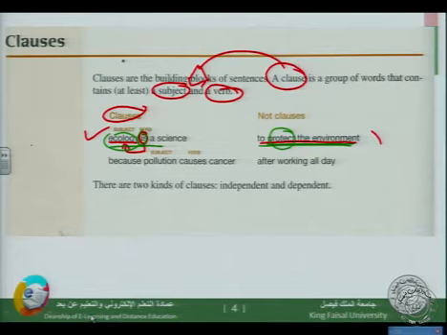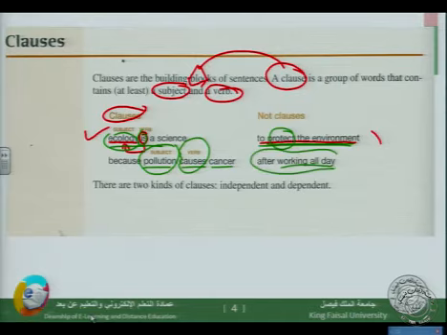So, ecology is a science to protect the environment because pollution causes cancer after working all day. Notice, because pollution causes cancer. Do we have a verb? Yes, causes. The subject is pollution. So this we call a clause. While after working all day has neither a subject nor a verb.